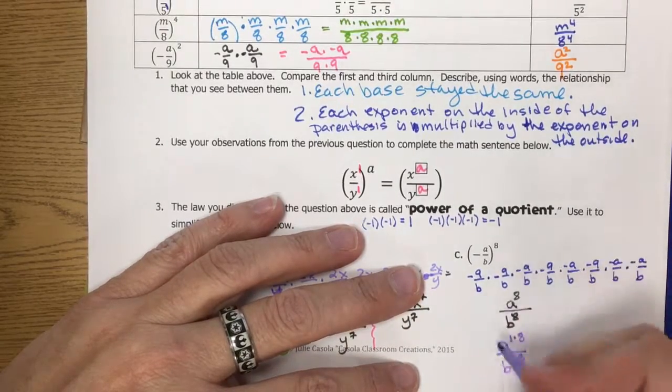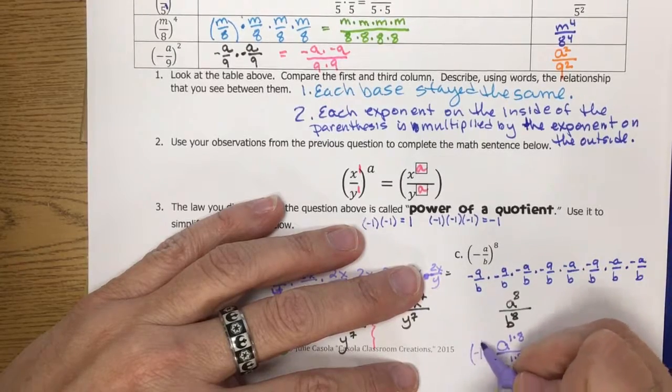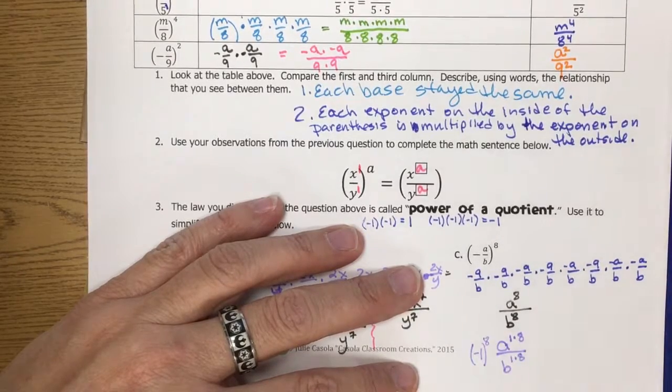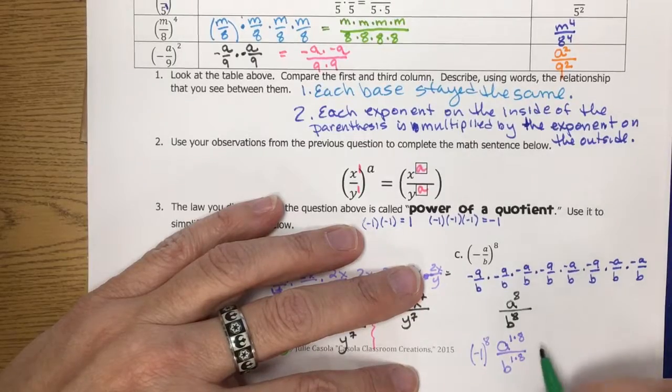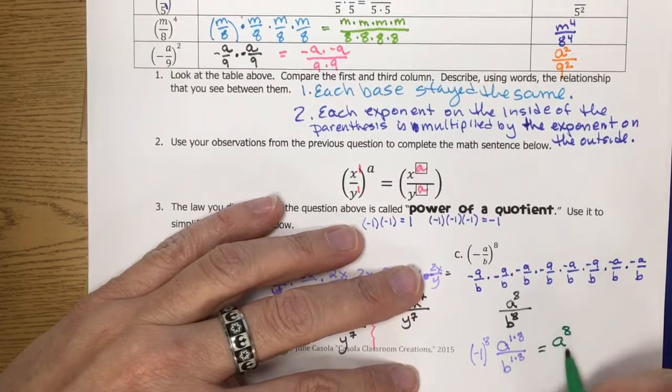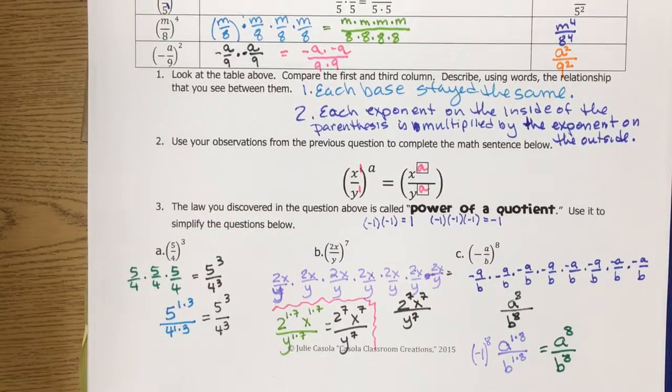You can actually write it as a -1 out front to the 8th power. And this is going to get us a to the 8th power over b to the 8th power. Okay, so hopefully this made some good sense to you and you are able to do these problems.